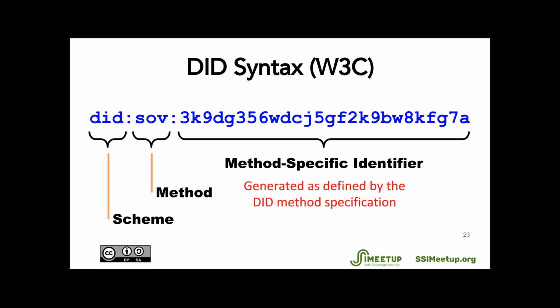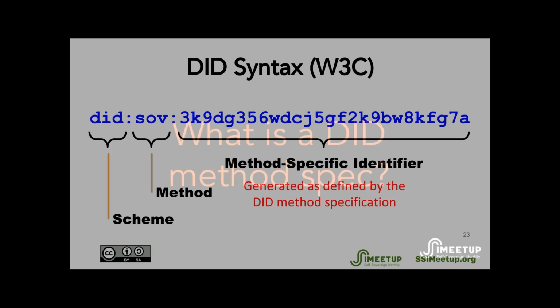Now, when you go to register that, if you choose to register on the Sovrin public blockchain, it will also check and make sure that it is unique. But in the generation process, that's as long as a UUID, so the chances of collision are very small. That is how Sovrin does it.